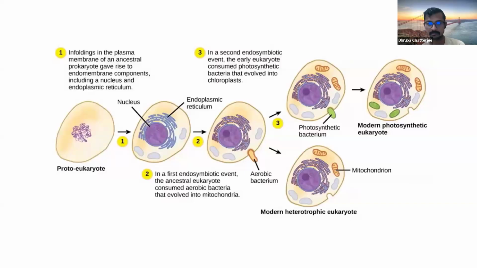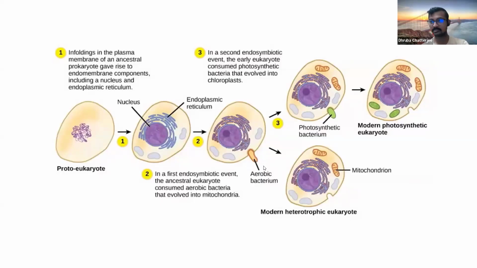According to the endosymbiotic theory, the ancestral eukaryotic cell must have engulfed an aerobic bacterium, that is, a bacterium which had the capability of aerobic respiration, right? Before that, the ancestral eukaryotic cell did not have the capability of aerobic respiration.